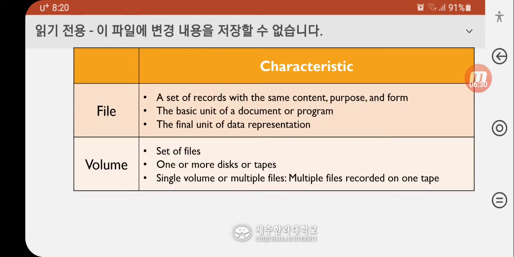Volume is a set of files on one or more disks or tapes. Single volume or multiple files. Everyone, did you understand? Yeah, good.